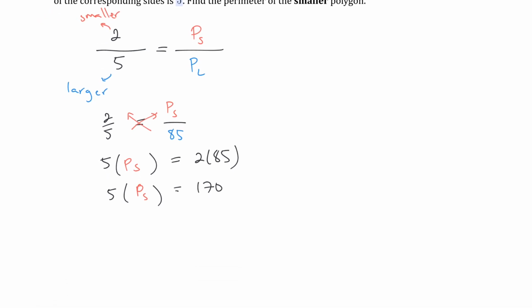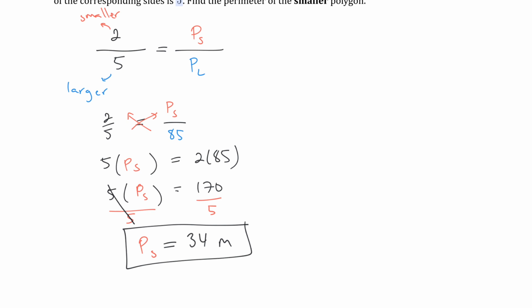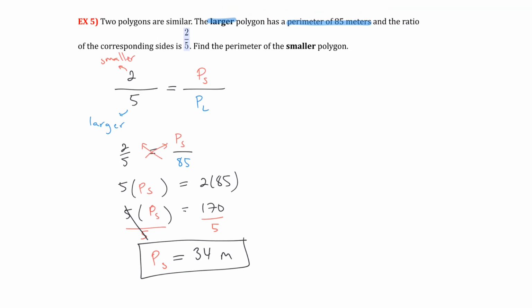Finishing this up, we're going to divide both sides by 5. 5 divided by 5 becomes 1. The perimeter of the smaller polygon is going to be equal to 34 meters. All right, and there you have it. That's how we can use the ratio to solve for one of the perimeters without the need for a picture at all.